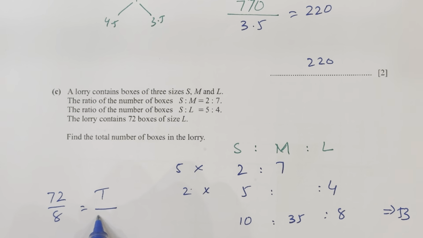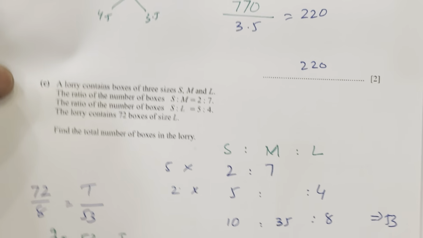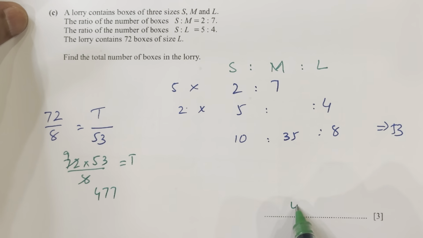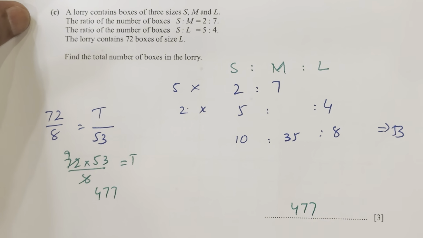So again I'm going to multiply by 53. 8 times 9 is 72, then 9 times 53 is 477. So our answer is 477.